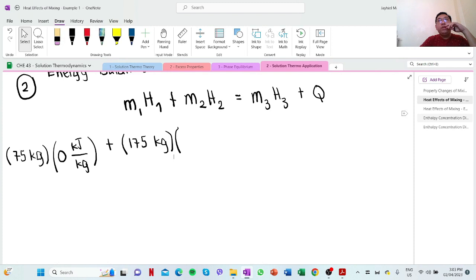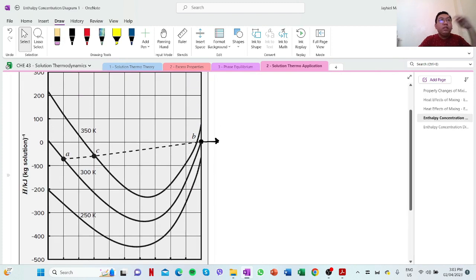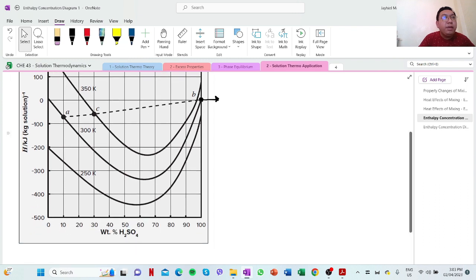So we will go to the diagram, and the 25% has an enthalpy in kilojoule per kilogram value of here. Okay, for purposes of demonstration, I will just estimate this one.